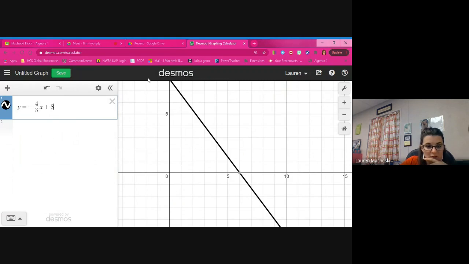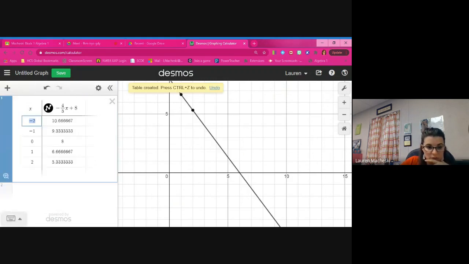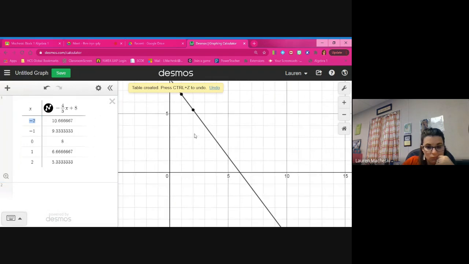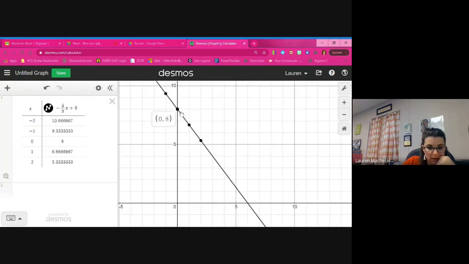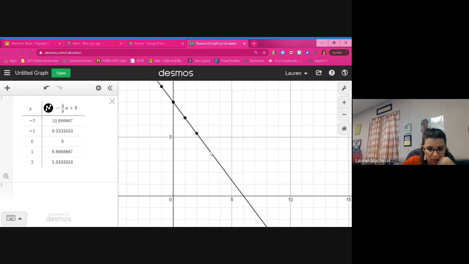If I look at the table, I can tell that you see how that point was a decimal? That one's still a decimal. This one right here is the one I used. This one right here, I think, is the one I was doubting.